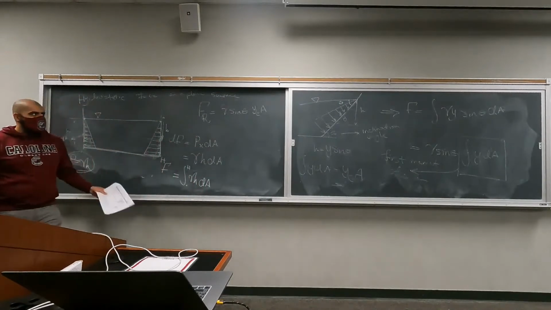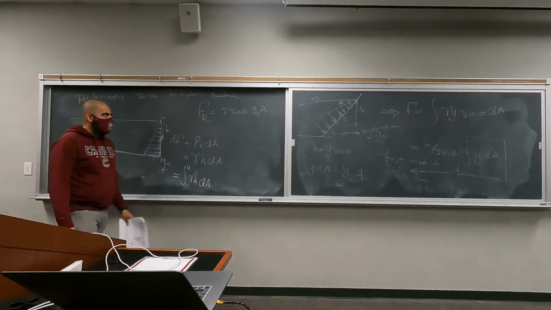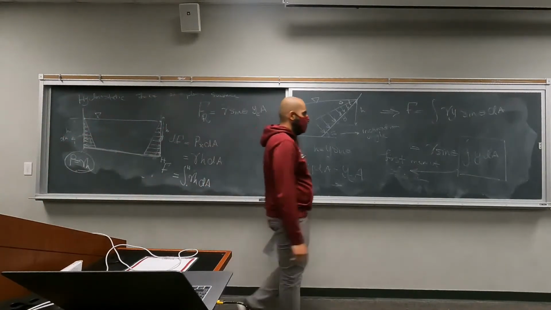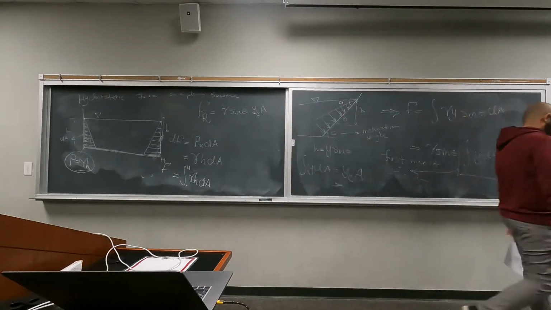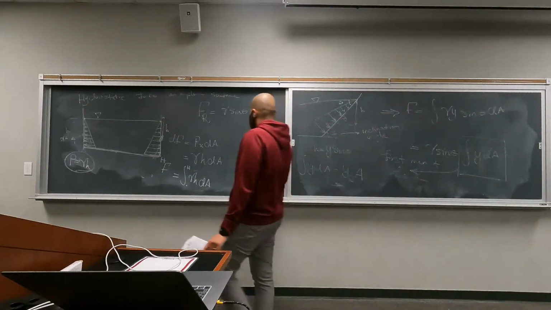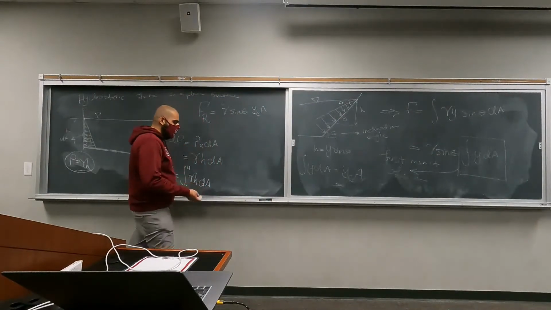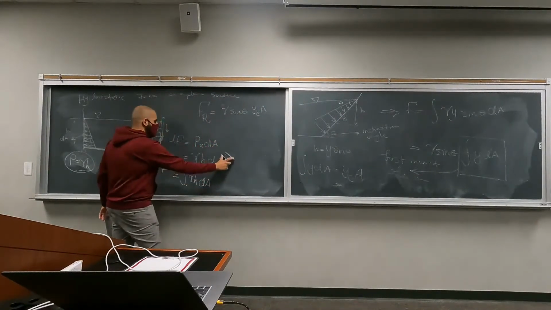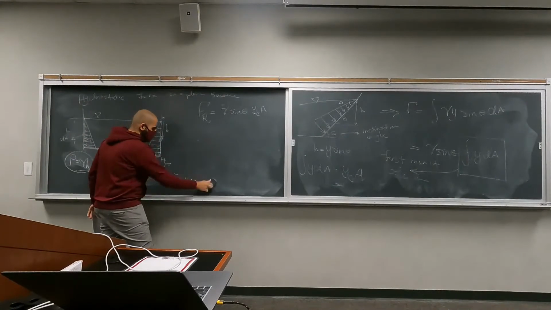This is essentially telling us the resultant force is equal to the pressure that is being applied at the centroid multiplied by the area. So without even knowing, we are essentially simplifying things.